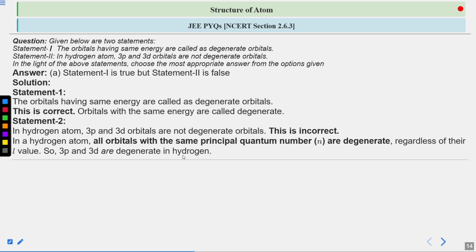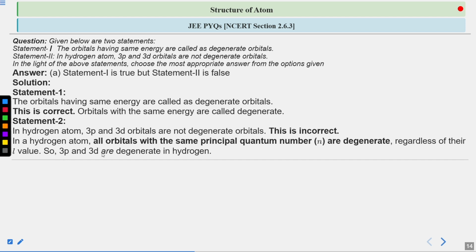If n is the same, like in the case of 3p and 3d, then the orbitals are degenerate, whatever the l value be, because l depends on which orbital we are talking about, p or d. But in a hydrogen atom, all orbitals with the same principal quantum number are degenerate regardless of their l value.